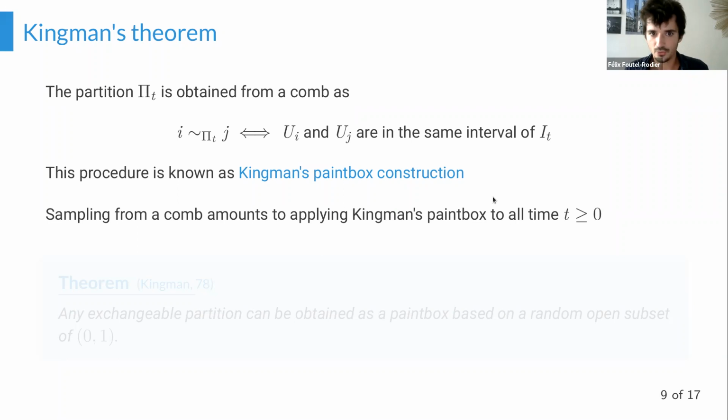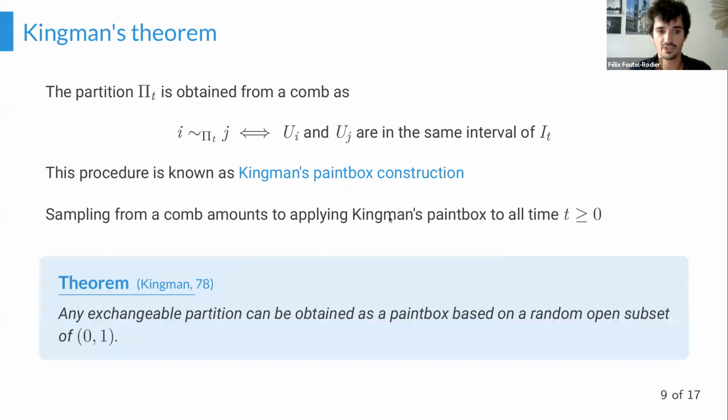And so this is very good news that we are able to link our problem with this construction, because now we can apply Kingman's theorem, which is an important theorem that states that all exchangeable partitions can be obtained through this construction. This means that if you give me a partition, I can find you an open subset such that sampling from the open subset leads to the partition.